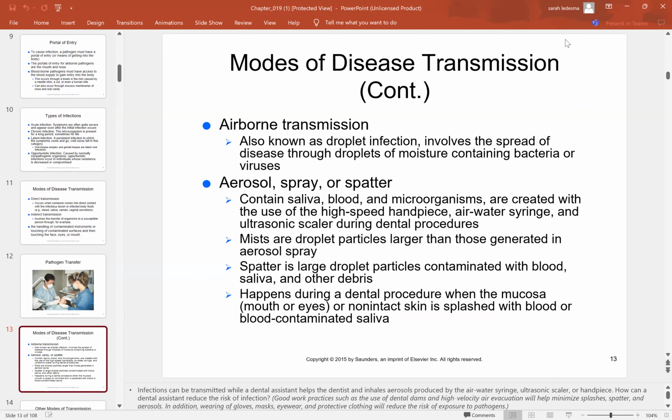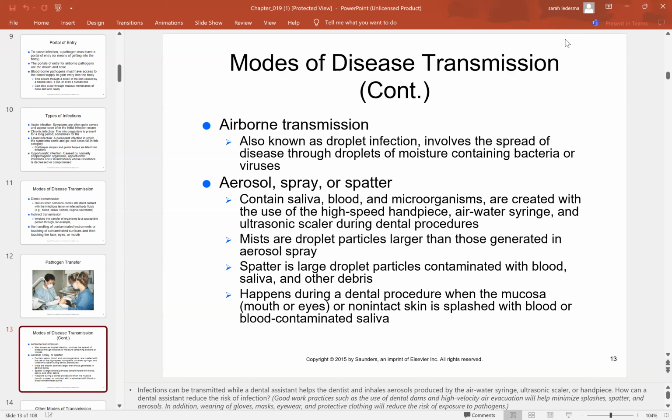Airborne transmission, also known as droplet infection, involves the spread of disease through droplets of moisture containing bacteria or viruses. Aerosol spray or spatter contain saliva, blood, and microorganisms and are created with the use of the high-speed handpiece, air-water syringe, and ultrasonic scaler during dental procedures.